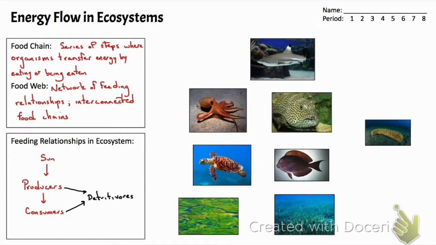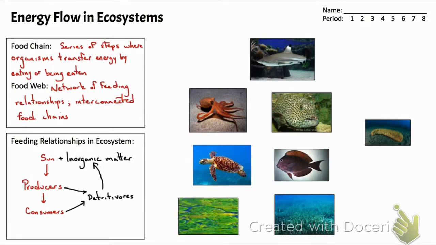Now, in food webs, we also include what we call the detritivores, or the decomposers. When producers and consumers die, their material is decayed or broken down into inorganic matter by detritivores, which include earthworms, bacteria, fungus, and even the sea cucumber that we will talk about today. The detritivores take that decaying organic matter, they consume it to provide themselves with energy, and they convert that organic matter into inorganic matter.